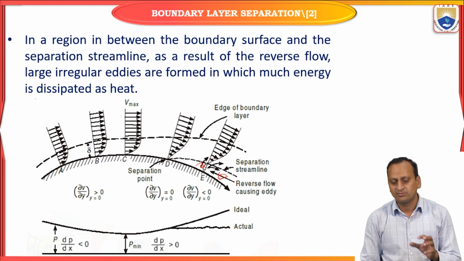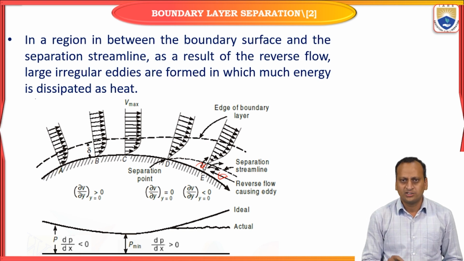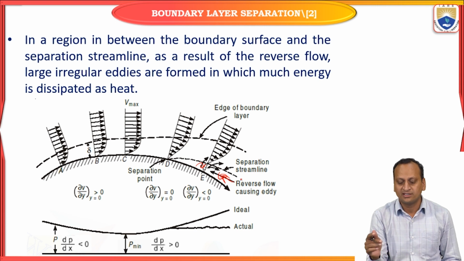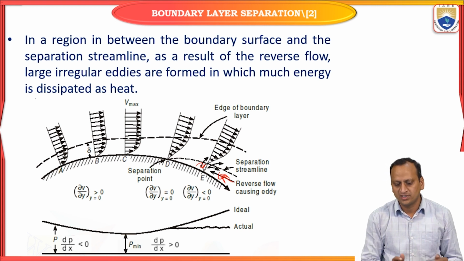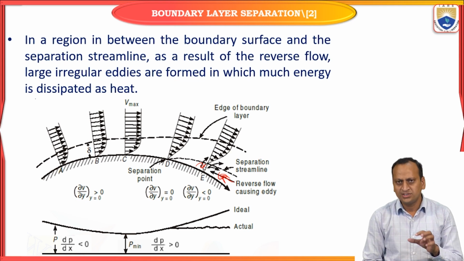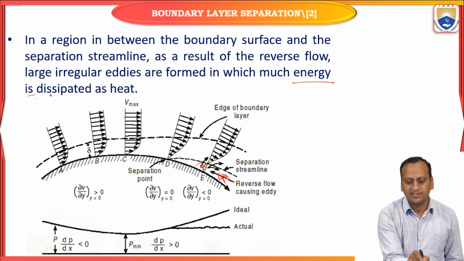These are nothing but the eddies, irregular and of low kinetic energy. Due to this low energy, only such particles follow the reverse flow path. Due to this eddy formation, much energy is dissipated as heat.